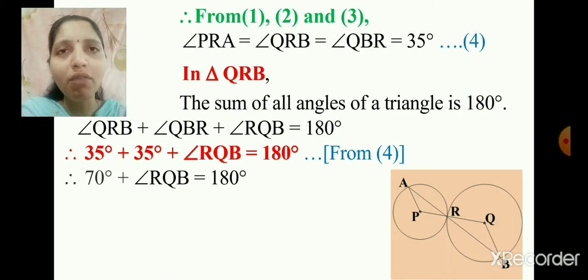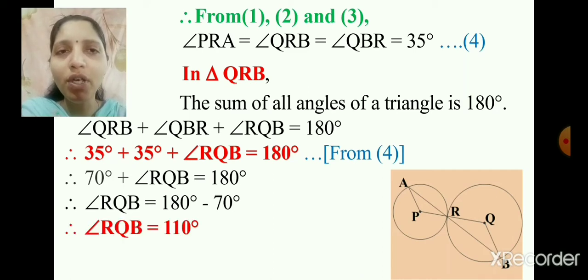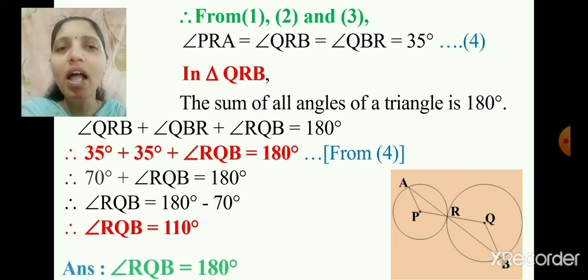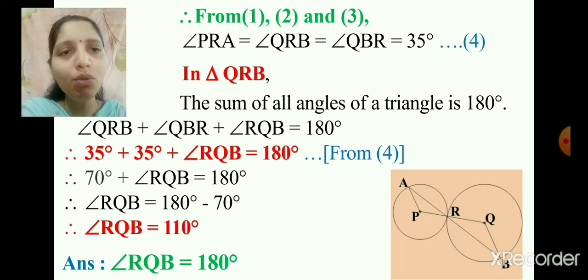So 35 plus 35 becomes 70 degrees plus angle RQB is equal to 180 degrees. Therefore angle RQB is equal to 180 degrees minus 70 degrees, that is equal to 110 degrees. Hence we have found that angle RQB is equal to 110 degrees. So this is your final answer.